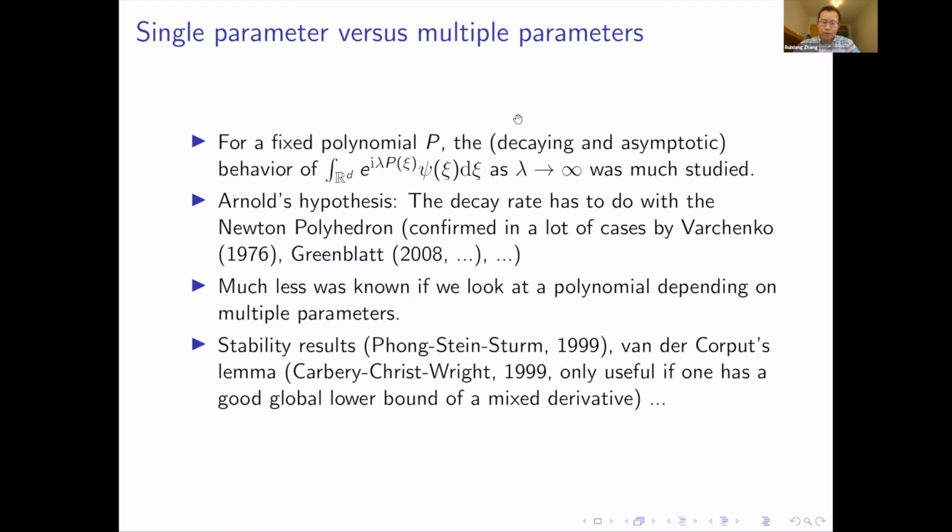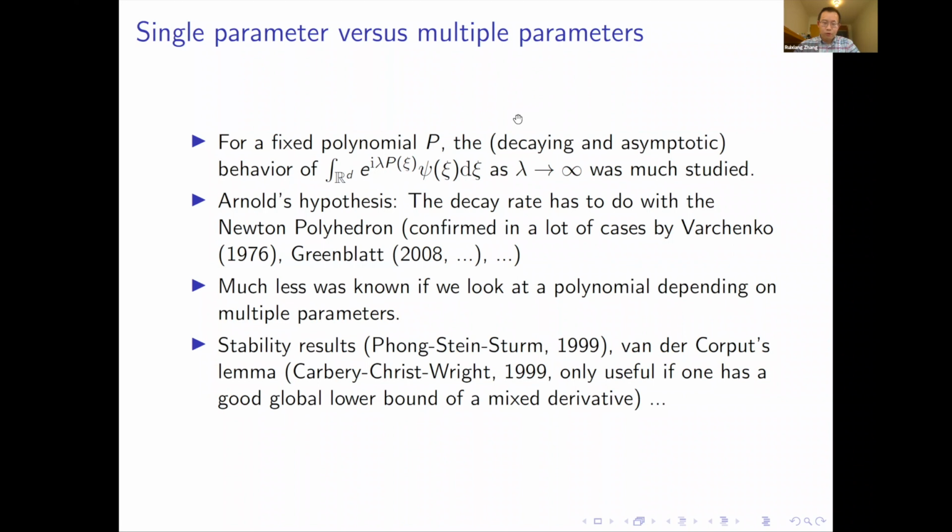For example, you assume on the support of this psi, the derivative of your polynomial, for example, in 2 dimensions, partial squared x, partial squared y, is always bigger than 1 on the support. And if you also assume your polynomial has degree less than 100, then you would have the decay rate, I think, lambda to the -1/4. But this is only useful if you have such a lower bound on the derivative.